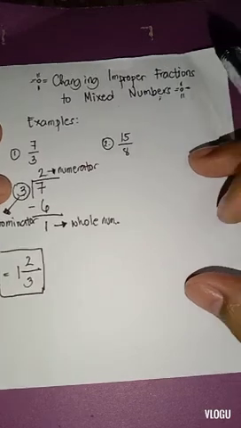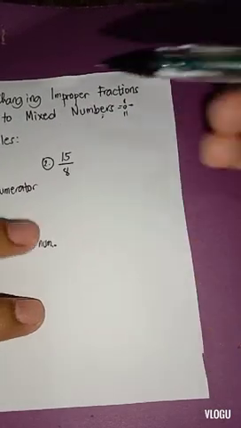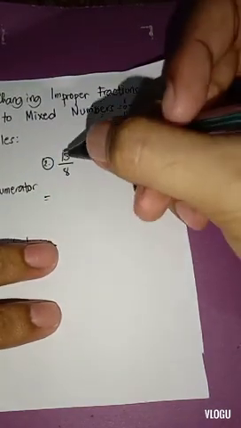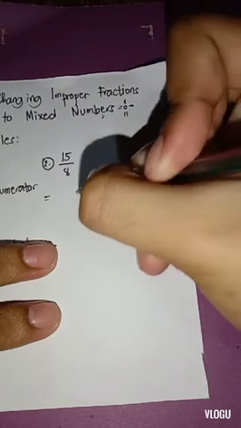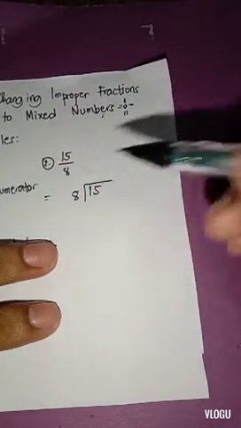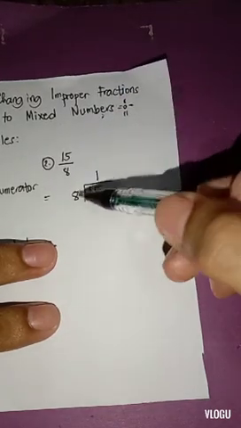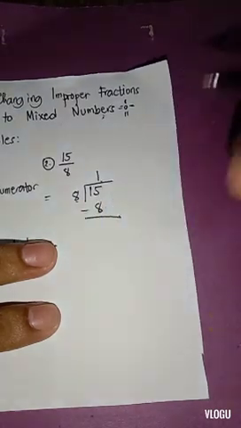Okay, so another example. So meron naman ditong 15/8. First, i-divide natin itong si 15/8. So 15 divided by 8 is equals to 1. So 8 times 1, we have 8. Subtract.